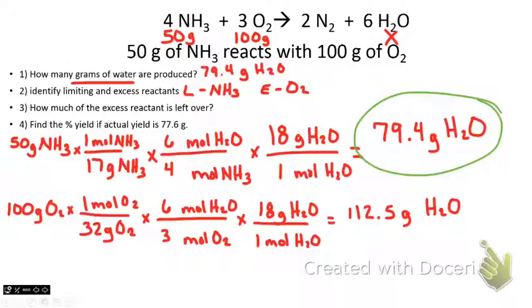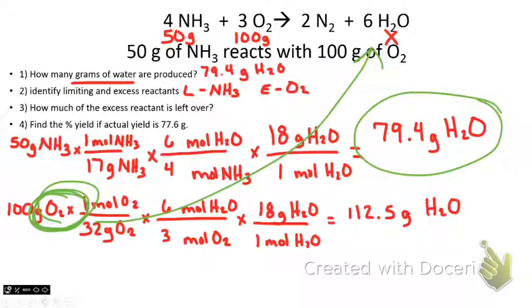Now I'm going to do one more mass to moles to mass calculation, and I'm actually going to connect my excess reactant, which we decided was O2, back to my water.